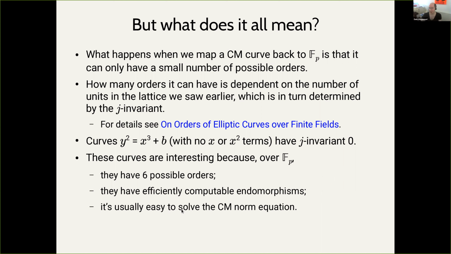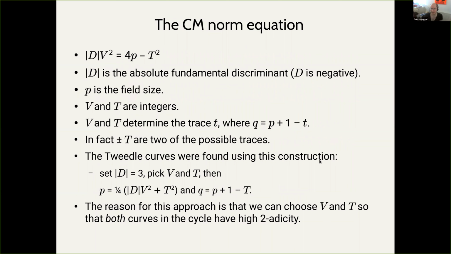And also, there's something called the norm equation, which relates the field of definition, P here, with the order Q, and that allows us to construct cycles. So this is the norm equation. P is the size of the field we're defining the curve over, and all of these are integers. So it's an equation in the integers.